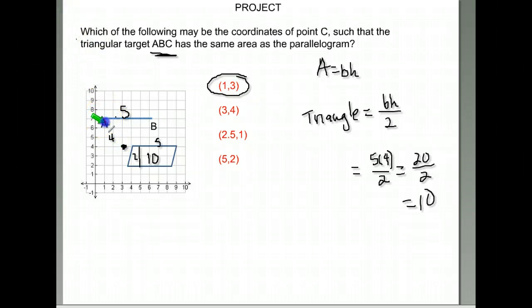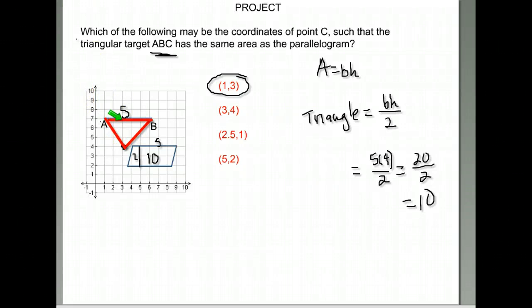Okay, that's our C, and we draw this triangle with A, B, and C in it. And we need to find the area of that triangle, see if it's 10, like our parallelogram was, because that's what we're shooting for. Well, to find the area of a triangle, you have to have the base, which is still 5, and the height.